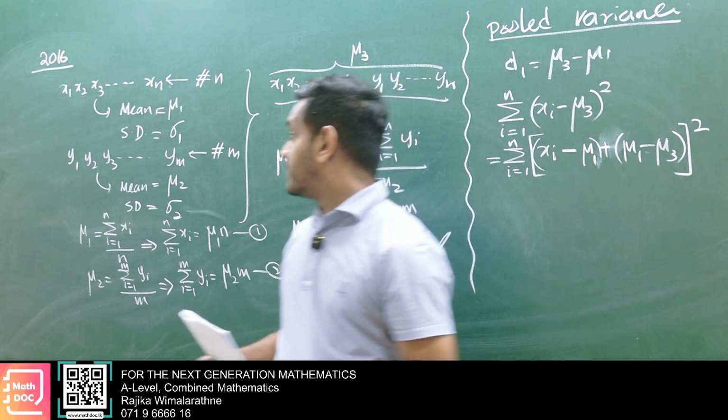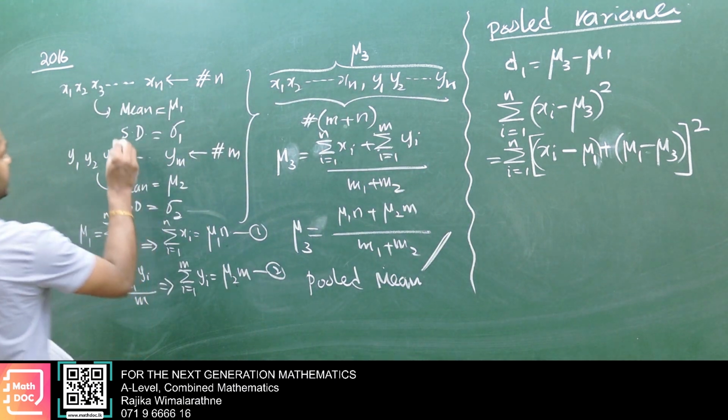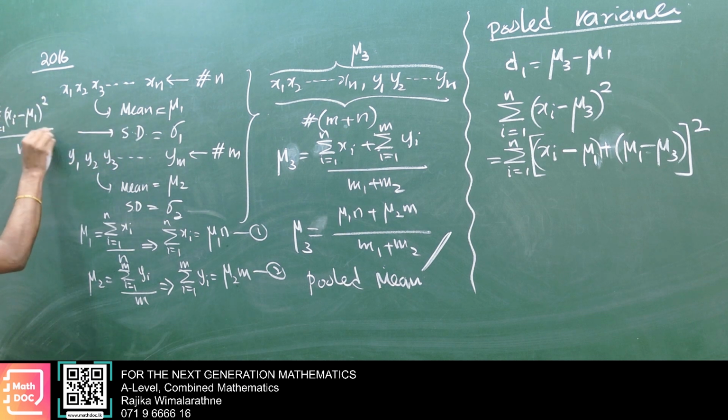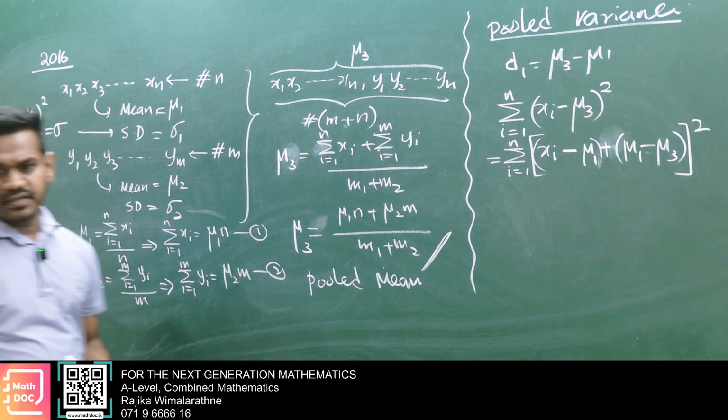I wrote that because for this one, the standard deviation, sum over i equal 1 to n of (xi minus mu1) squared divided by n is the variance. Sorry, variance, not standard deviation.